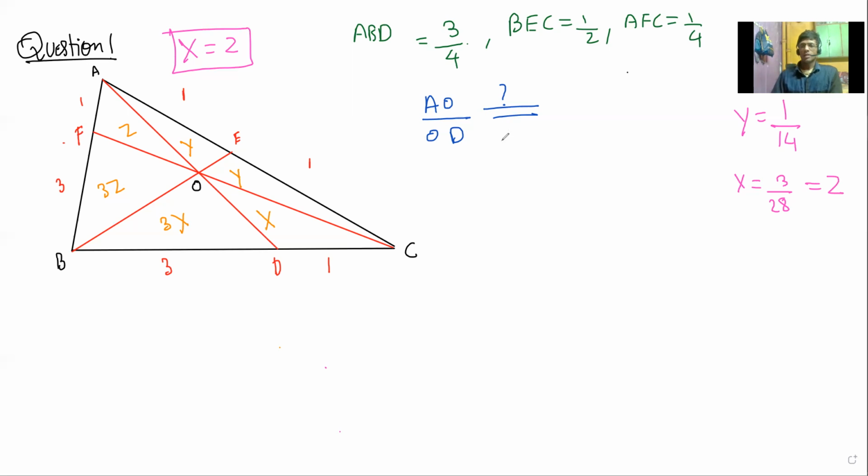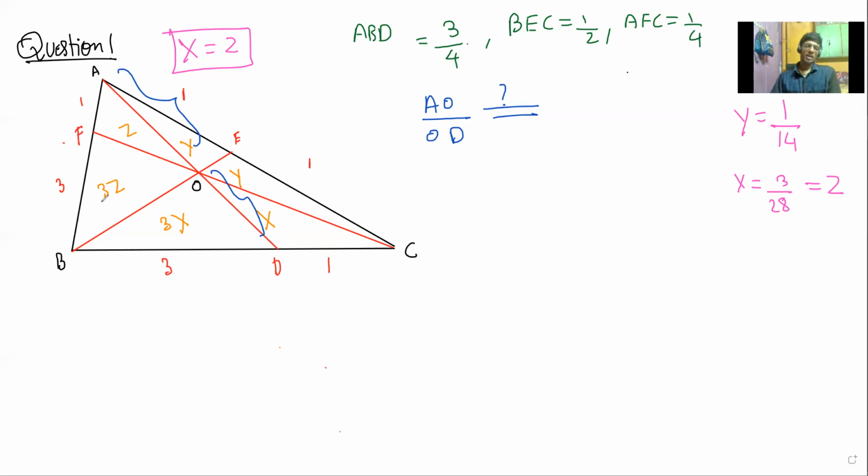So how are you getting it? Yes, right. This AO by OD is nothing but the ratio of the areas.